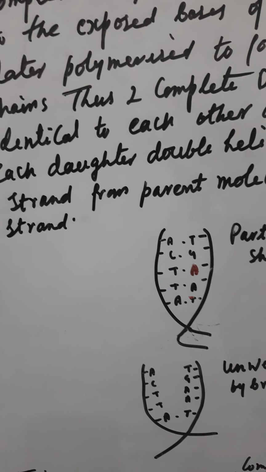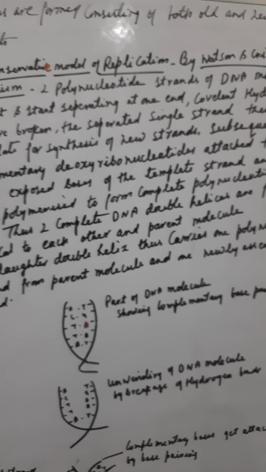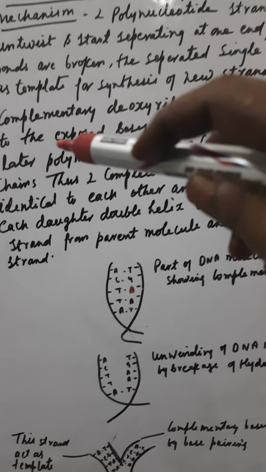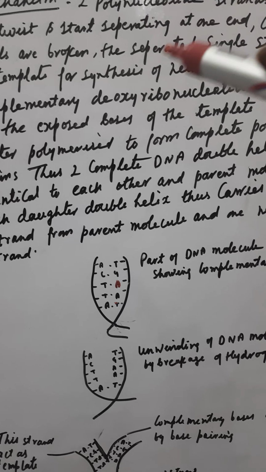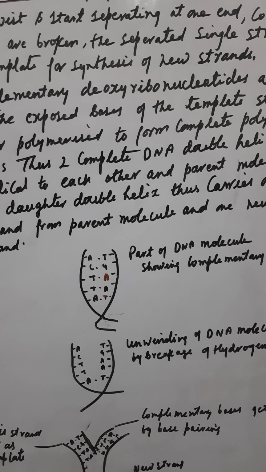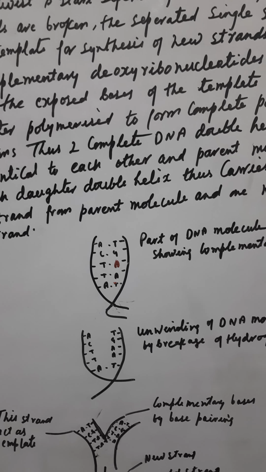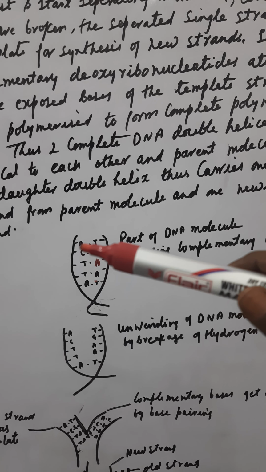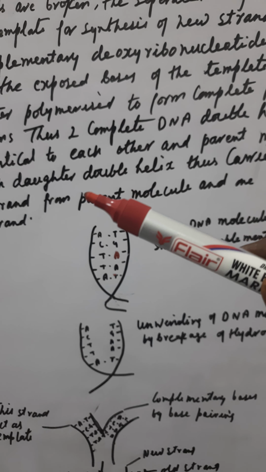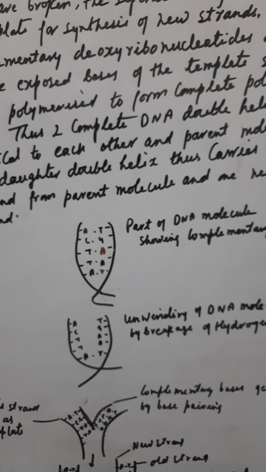Here, the two polynucleotide strands of the DNA molecule untwist and start separating at one end. The hydrogen bonds will be broken, and the separated single strand will act as a template for the synthesis of a new strand.